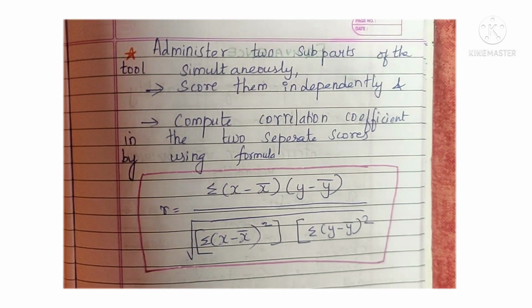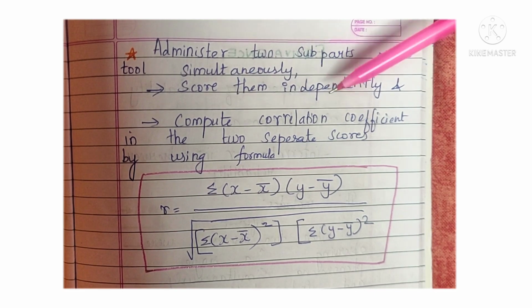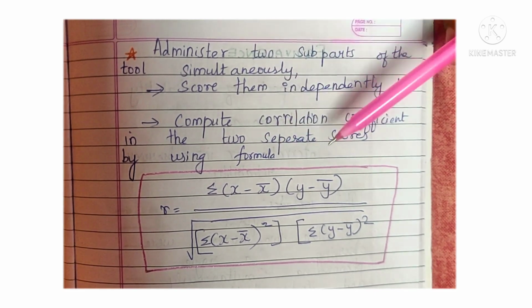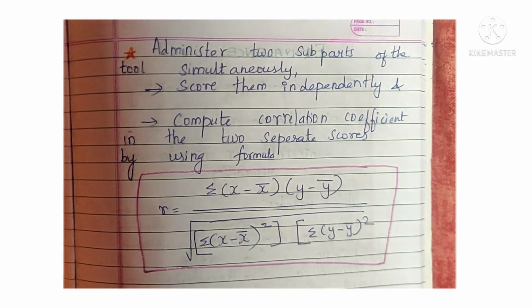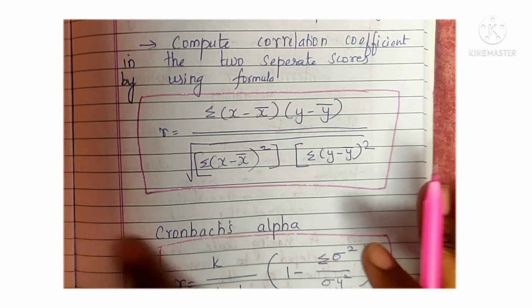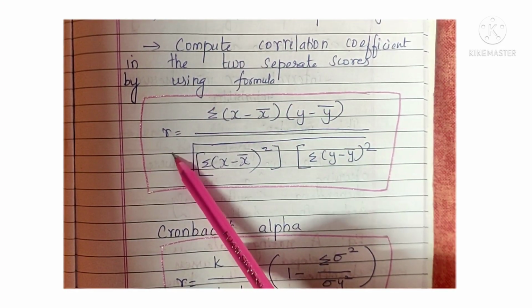So administer two parts of the tool simultaneously, score them independently and compute the correlation coefficient between these two separate scores by using the formula. So the first 10 questions you administer, and again the second 10 questions, and then you compare the two results.